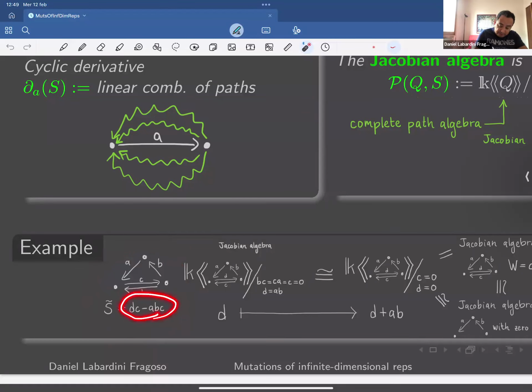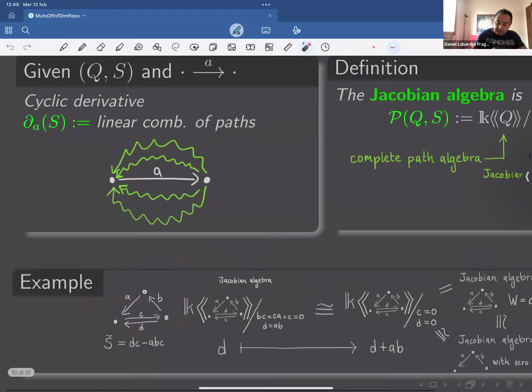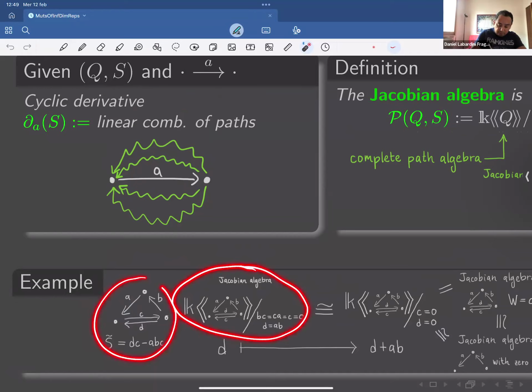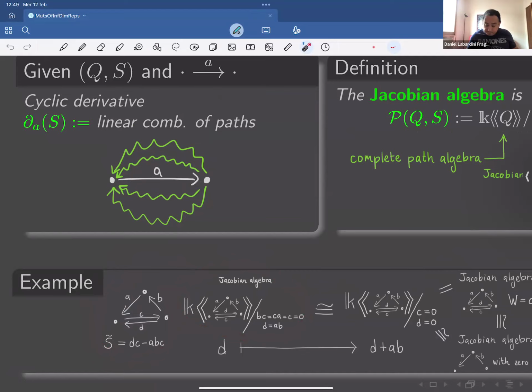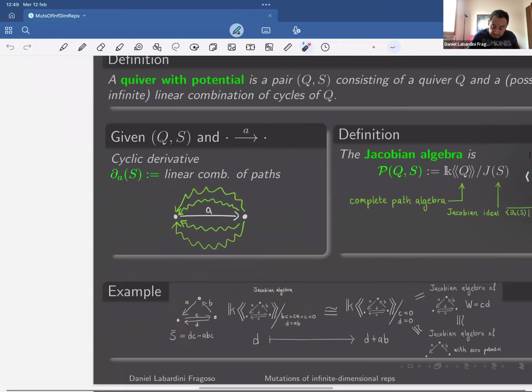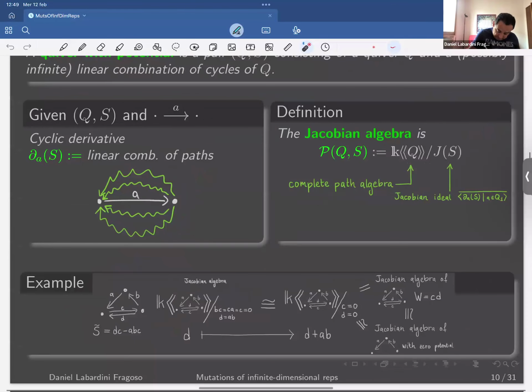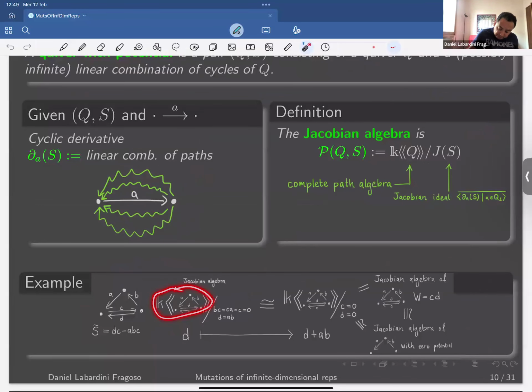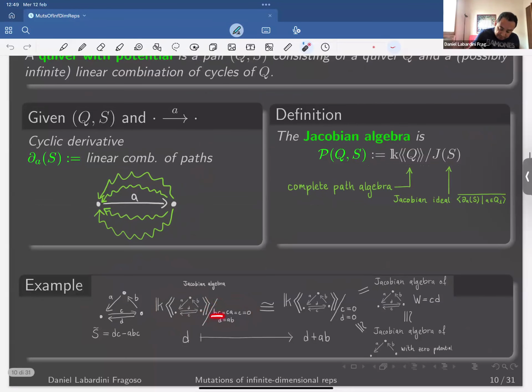I didn't give the precise definition of cyclic derivative, but if one follows the precise definition, one obtains that the Jacobian algebra of this quiver with potential is this complete path algebra modulo these relations: BC is 0, CA is 0, C is 0, but D is equal to AB.